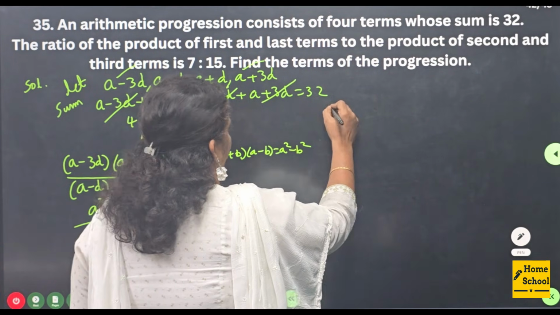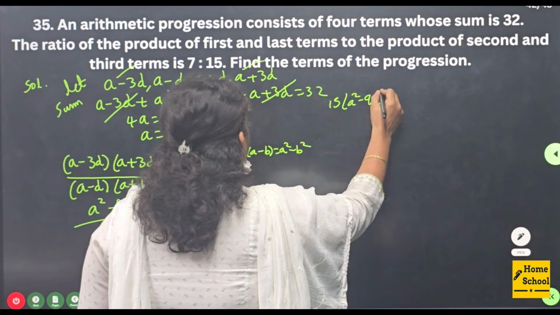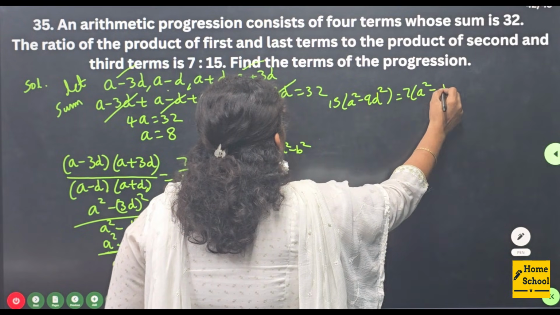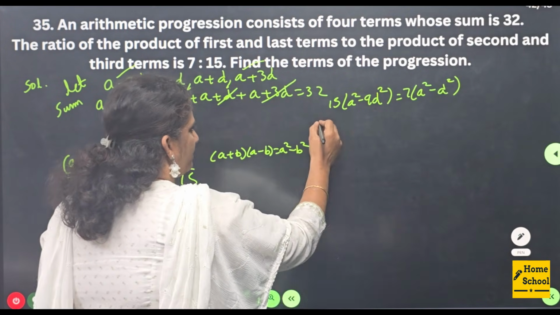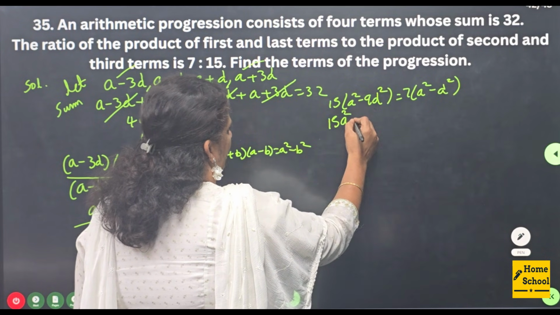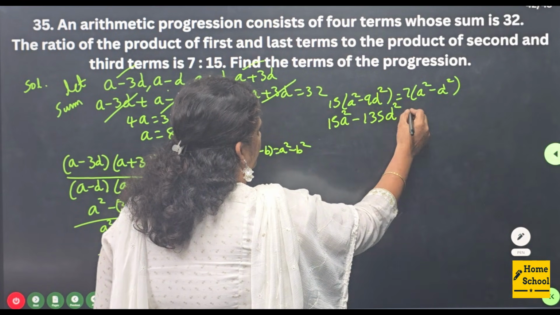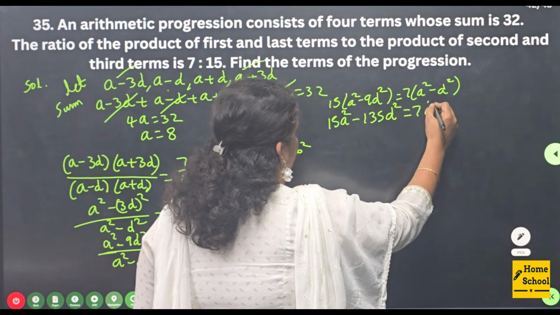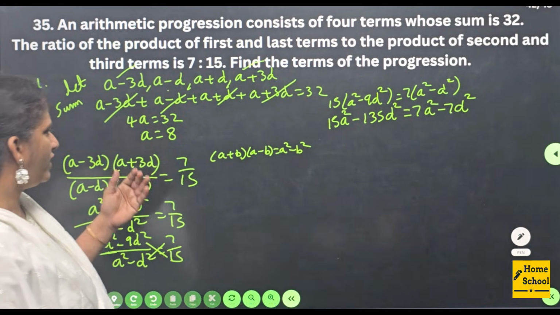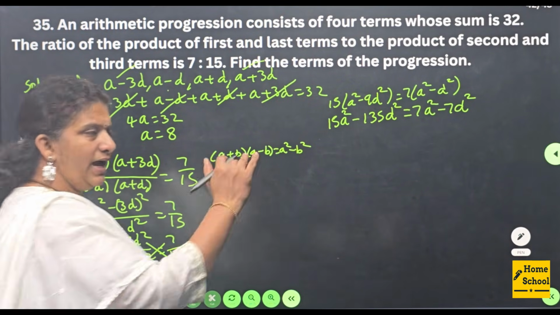That will be 15 into a square minus 9d square is equal to 7 into a square minus d square. Remove the bracket: 15a square minus 135d square is equal to 7a square minus 7d square. Actually, we know a. If you want, you can directly substitute a also, but I'll do it at last.